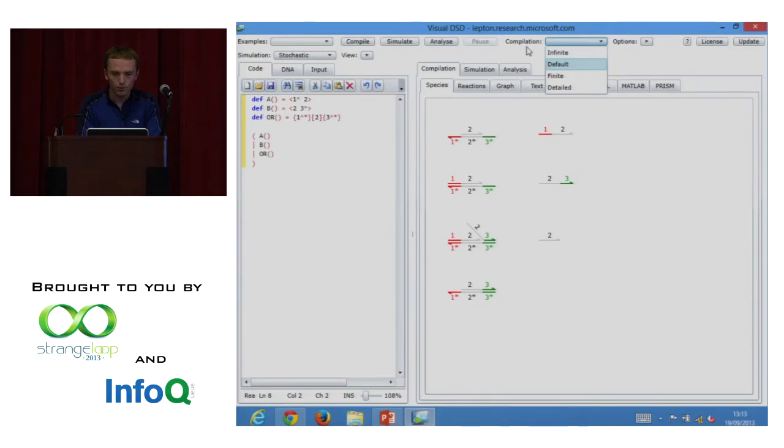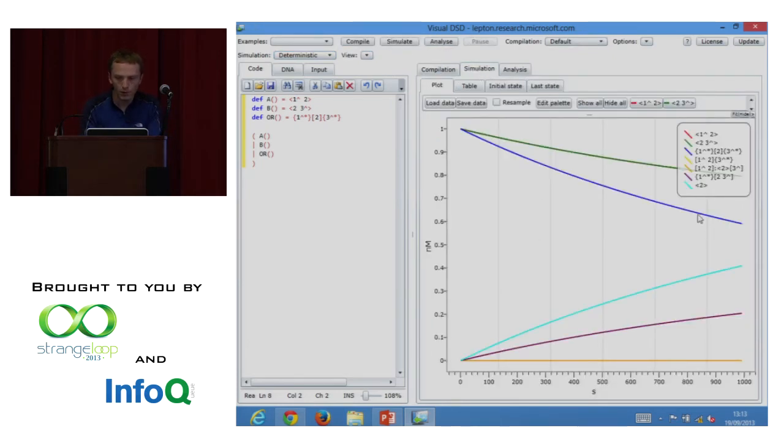So we can attempt to simulate this to see whether it will behave as we want it to. And what we end up with here is a lot of intermediate species, which gets in the way of seeing what's going on.